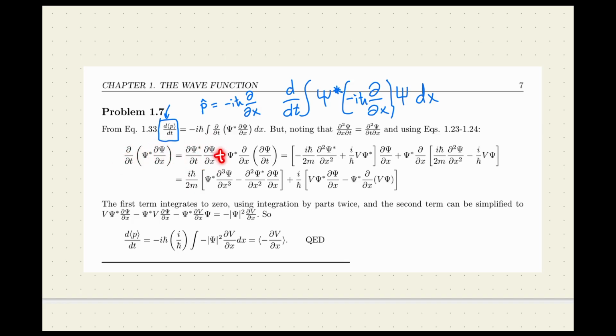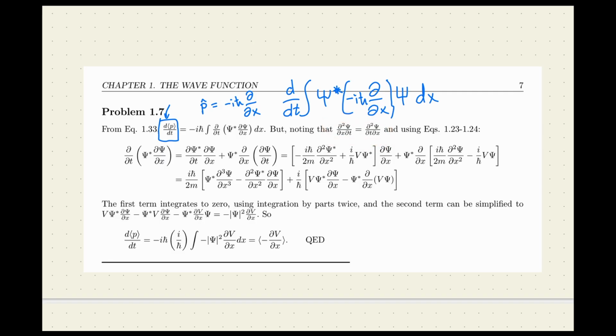Then you sum the other way. So first we took the derivative on this. Now we're going to take the derivative on this. So you can see this thing stays the same. This thing stays the same. And the derivative operator is only going to be applied to this second thing now. And here is where they use this rule.